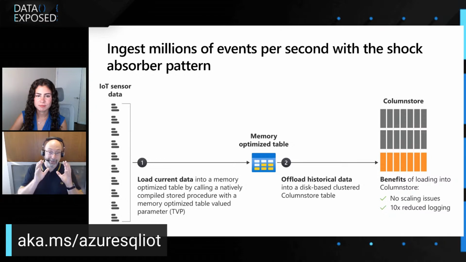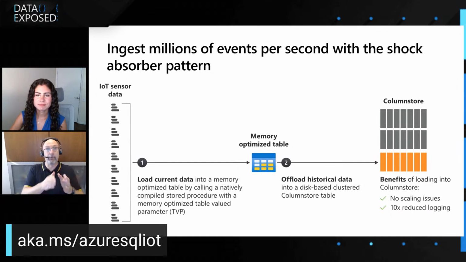So taking the existing schema and adopting the shock absorber pattern means basically adding this in-memory front-end table that is accepting the ingested data points at the beginning, and then having a recurring thread that behind the scenes is kicking in and taking those older data points that we don't want to keep in memory anymore, because maybe we have this requirement of fast ingestion, but only for a few minutes or few hours for our incoming data streams.